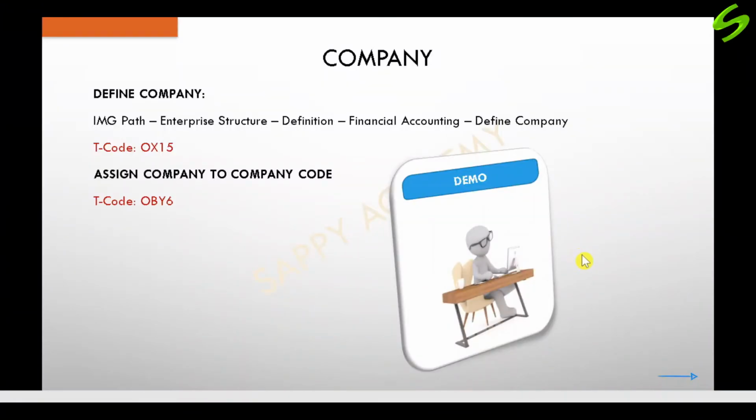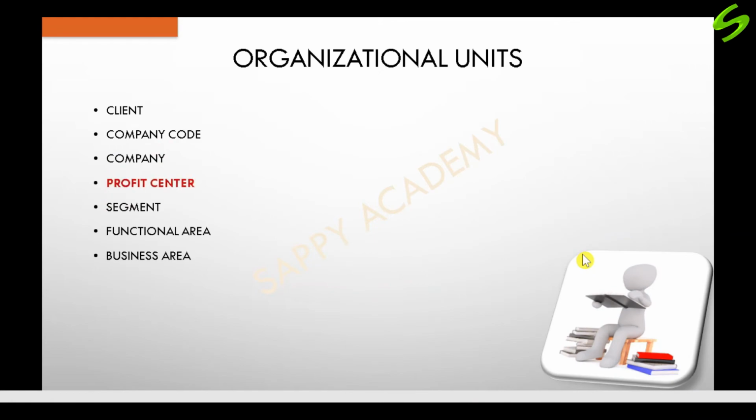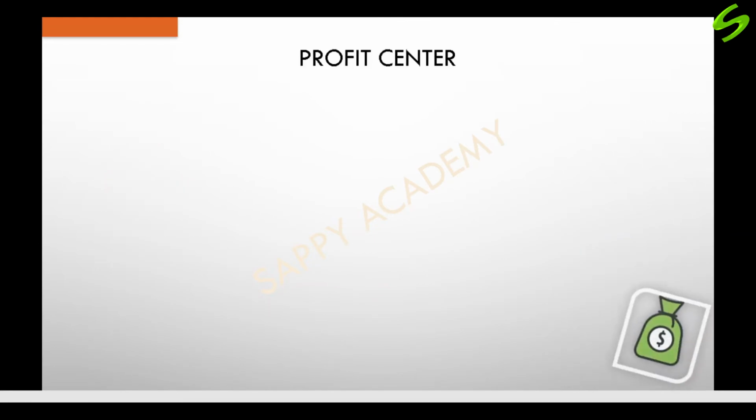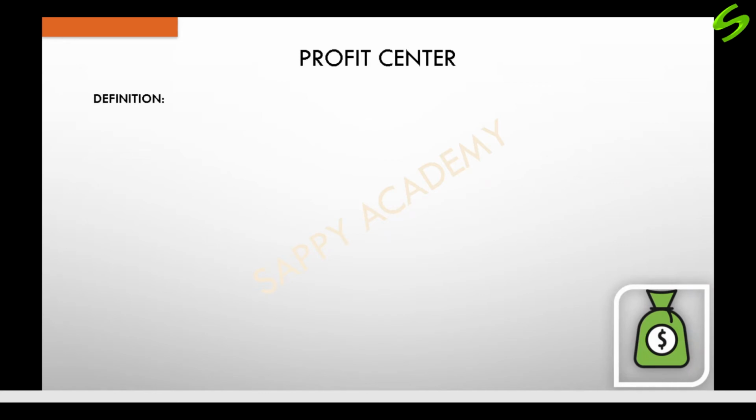Let's move on to the next organizational unit, Profit Center. Let us look at the definition first. Profit Center is typically observed as master data in SAP, but it functions more like an organizational unit in accounting.